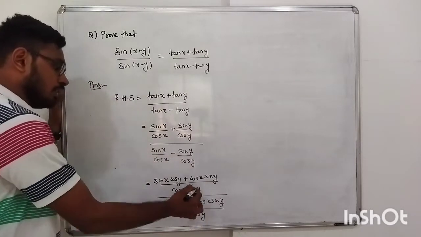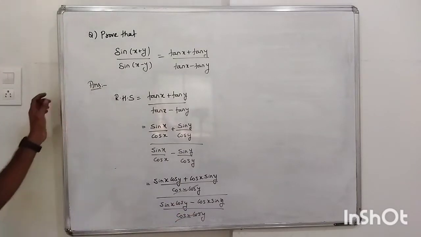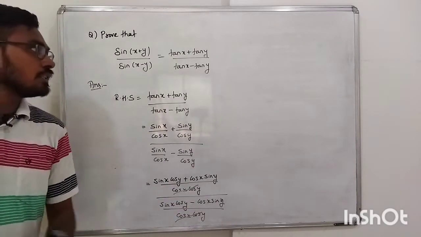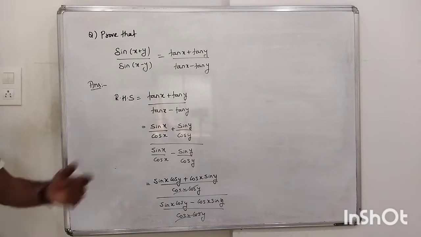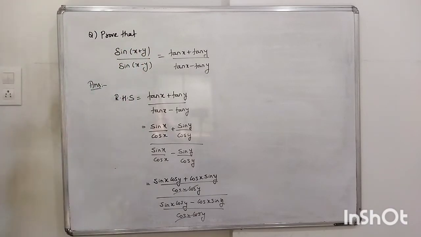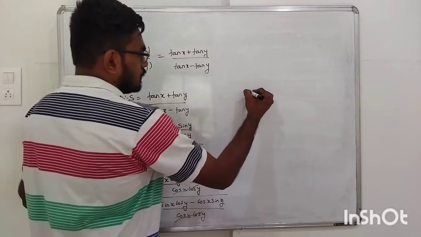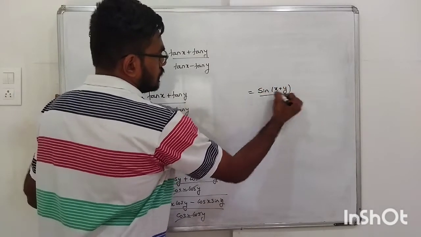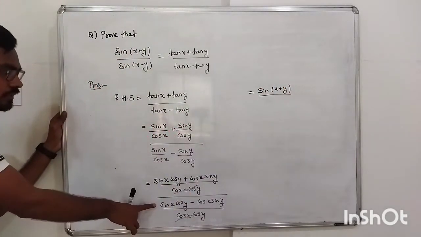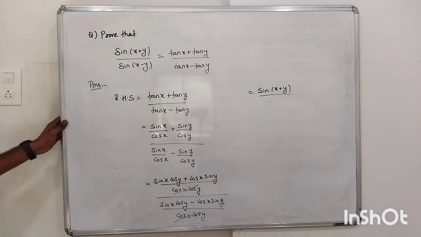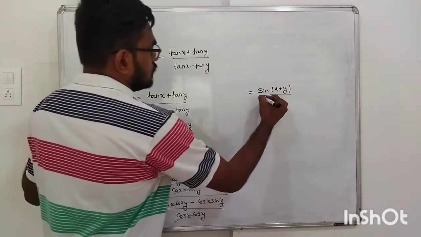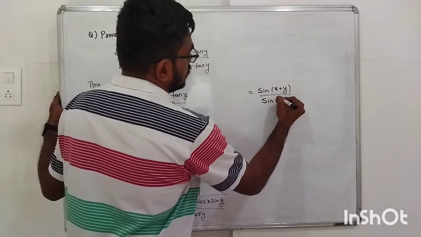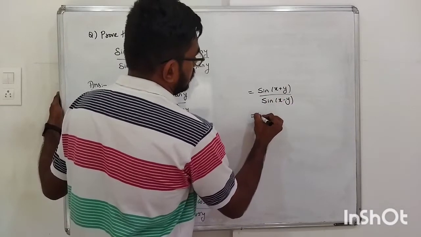So the denominator cos x cos y cancels, and we see sin x cos y plus cos x sin y. This is the formula for sin of (x plus y), which I showed already. Similarly, sin x cos y minus cos x sin y is sin of (x minus y), which is equal to LHS, correct?